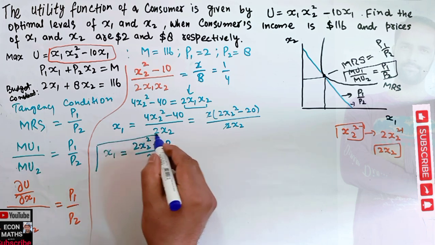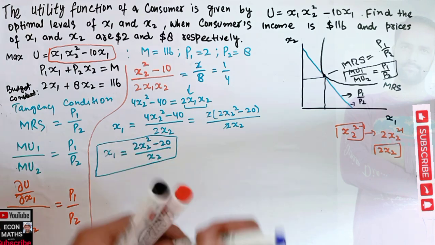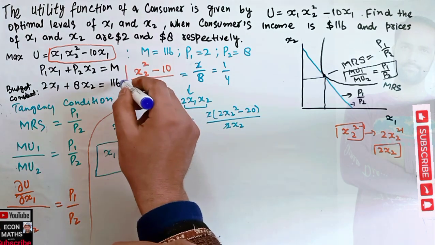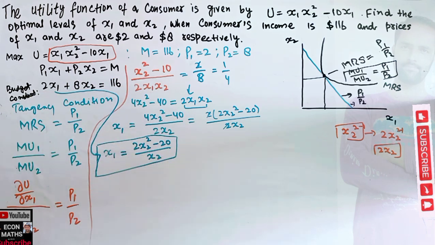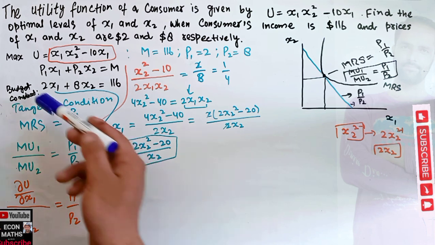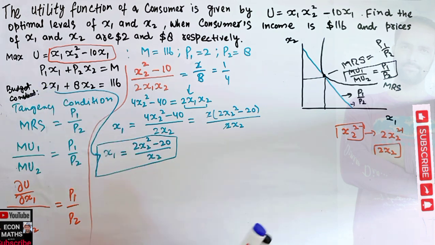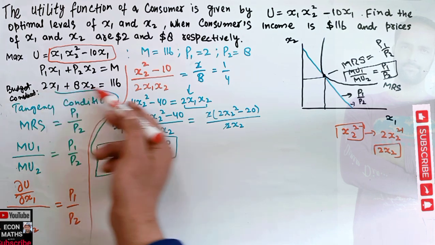So let's put the value of x1 equal to this thing in the budget constraint. We just need to plug the value of x1 in the budget constraint to get the value of x2. So just plug x1 equal to this in the budget constraint.